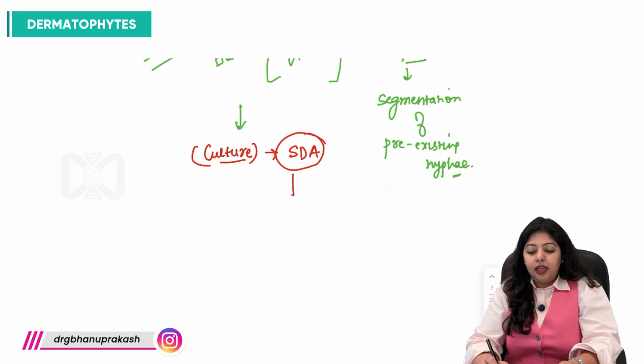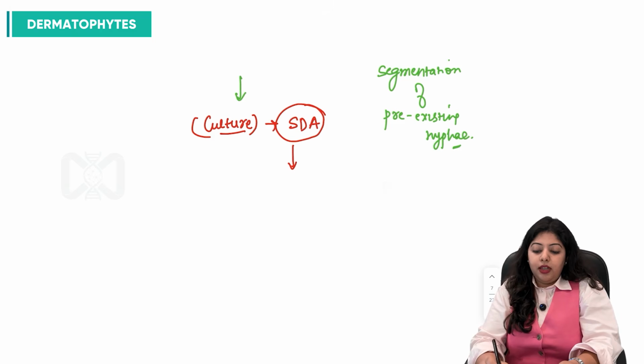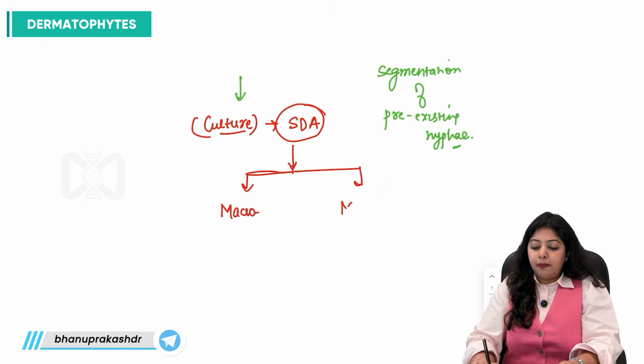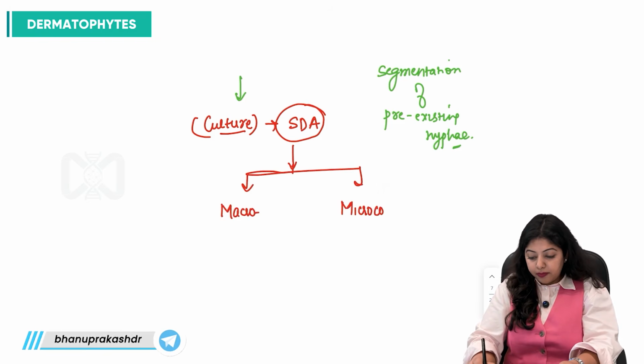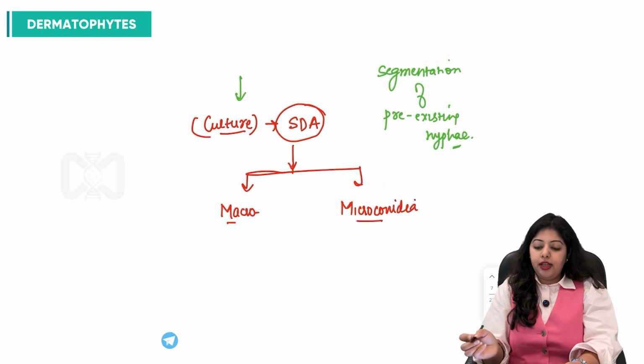So on SDA the colonies would be formed, and which will give us the clues of macro as well as microconidia. Macro as well as microconidia, right?